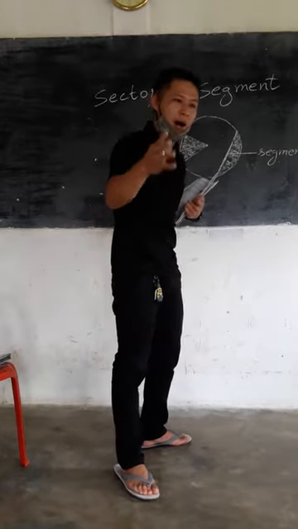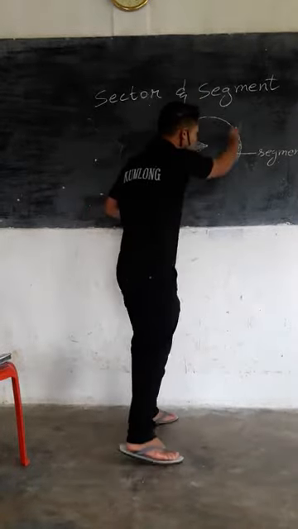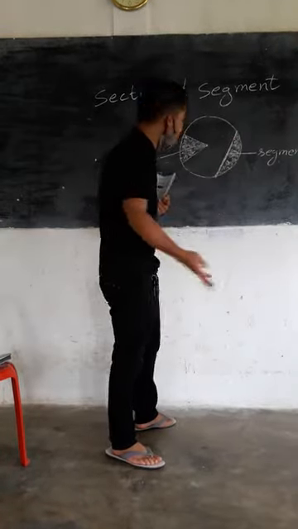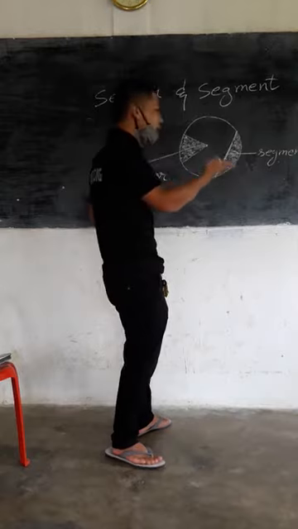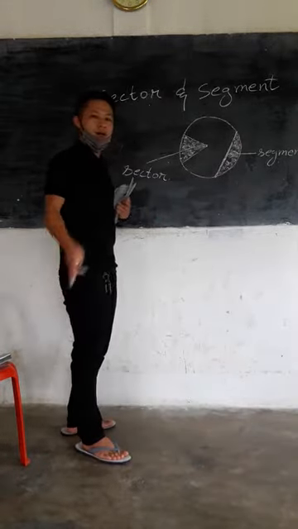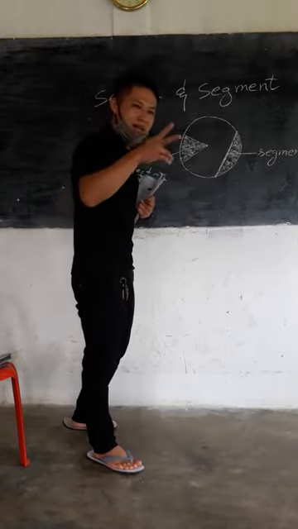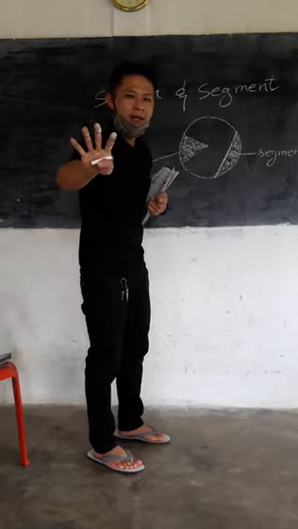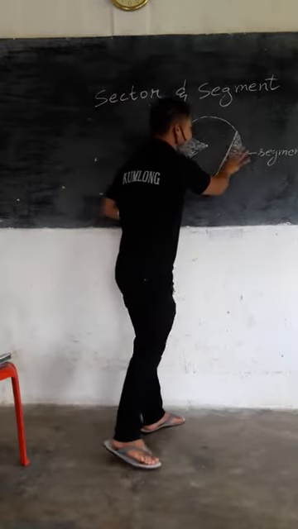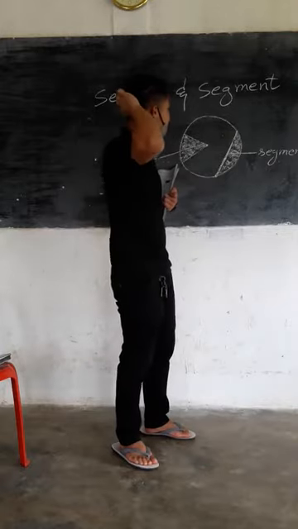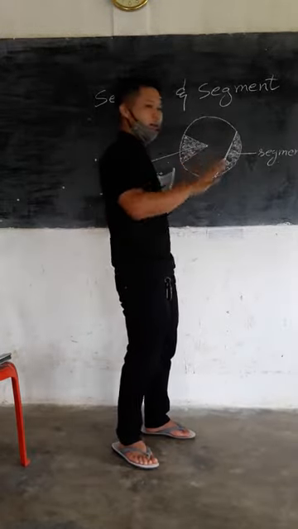A segment is the part covered by the chord. A sector is an area or a region covered by an arc. That is the difference between sector and segment.